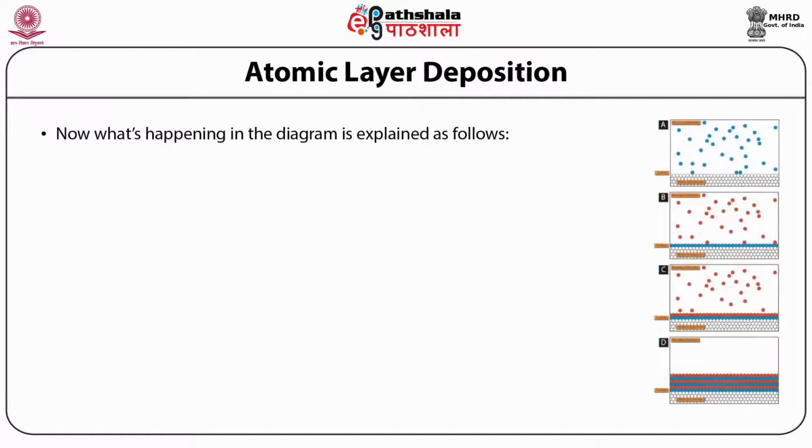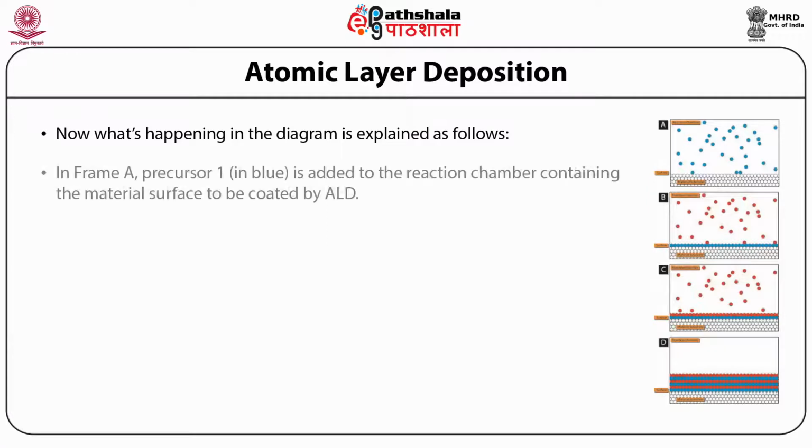According to this figure, in frame A, precursor 1, in blue, is added to the reaction chamber containing the material surface to be coated by ALD. After precursor 1 has been adsorbed on the surface, any excess is removed from the reaction chamber.